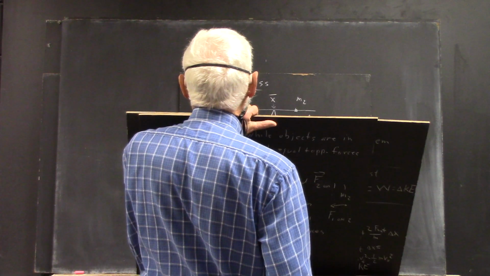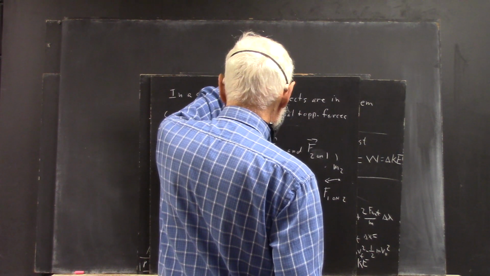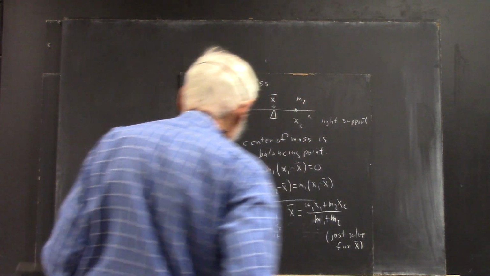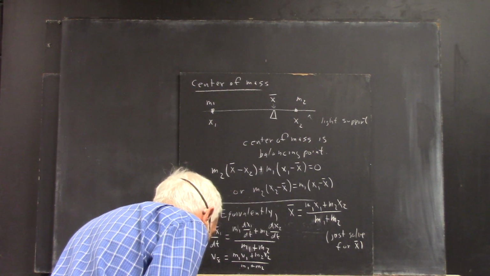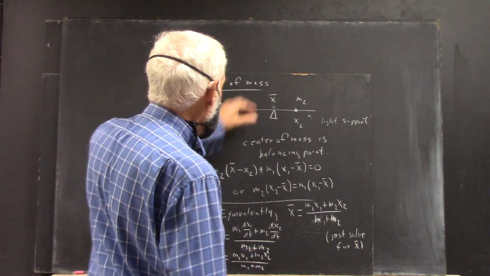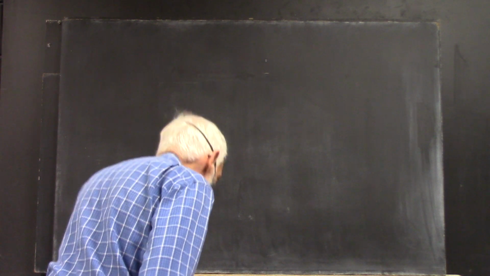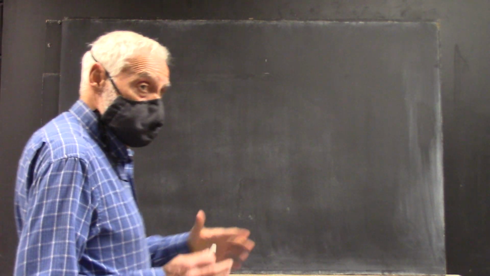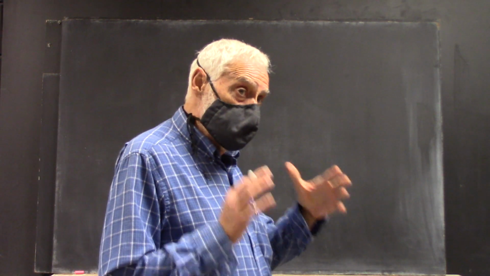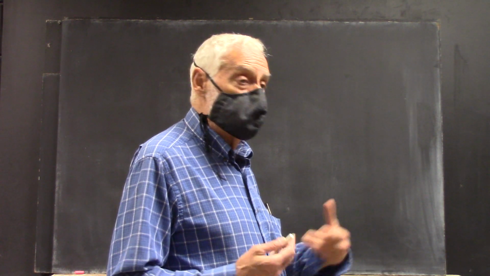Now, notice that everything we did there about the impulse and momentum change, the F delta T and the change in MV, just comes from Newton's second law and equations of uniformly accelerated motion.